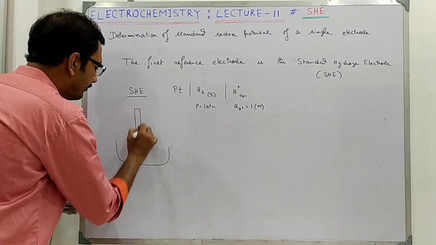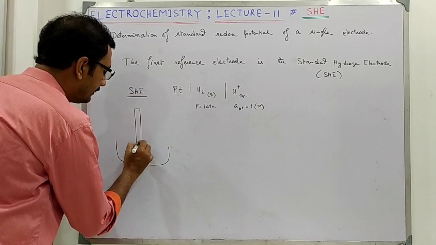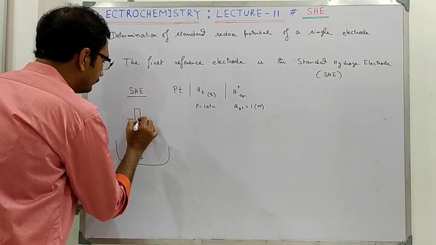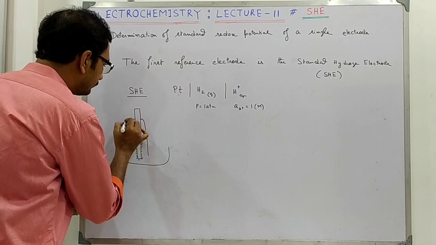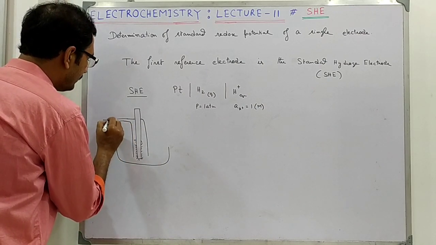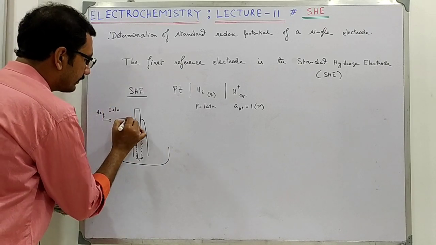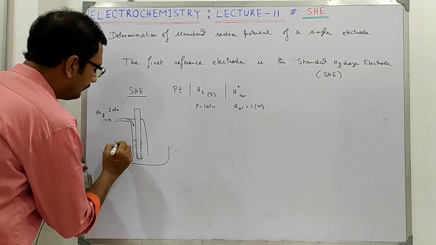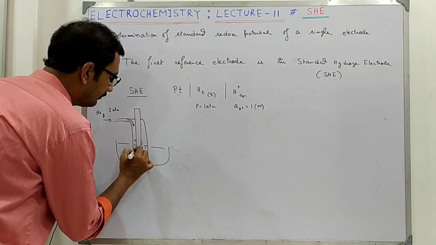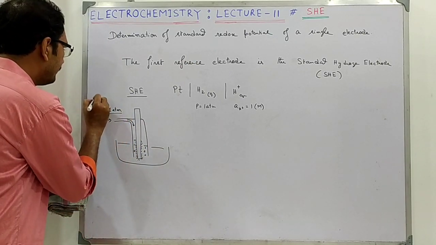We take a platinum electrode and we have a coating of platinum black on it. This is the inlet for the hydrogen gas, and the hydrogen gas comes in this chamber and bubbles here, so that pressure 1 atm is maintained and temperature is maintained at 25 degrees centigrade.